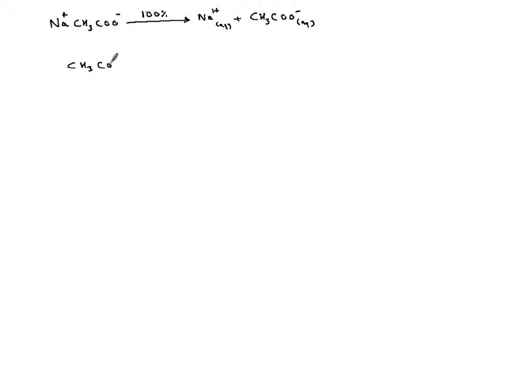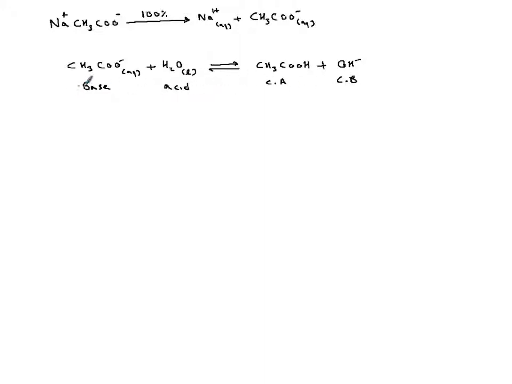Ethanoate plus H2O. In this case, H2O is behaving like a Bronsted acid, and CH3COO minus is a Bronsted base. Base, acid, double arrow for equilibrium. CH3COOH: a base accepts a proton from an acid, so this is ethanoic acid, your conjugate acid. The leftover of H2O is OH minus, which is a conjugate base.